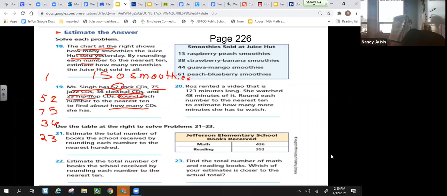We're trying to get an estimate. Paxton's on fire.